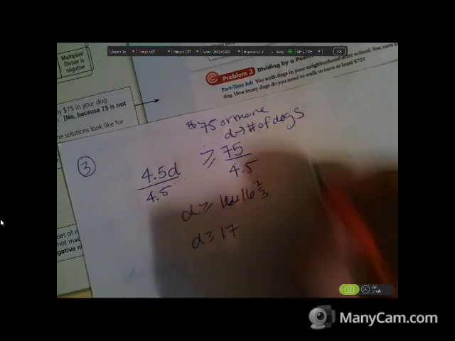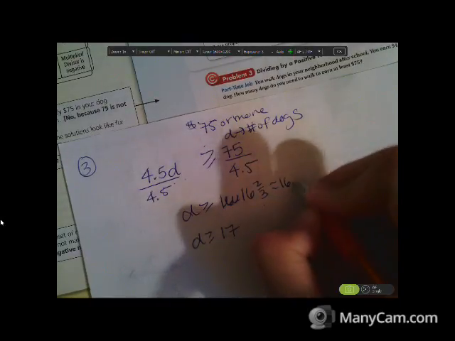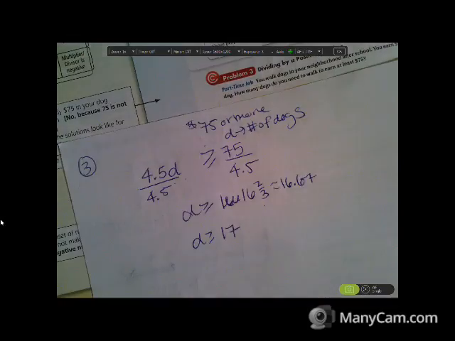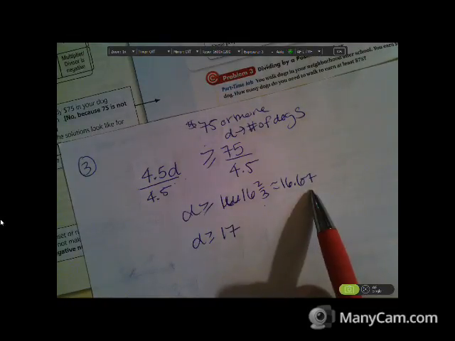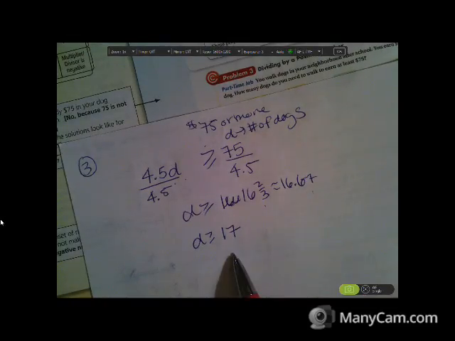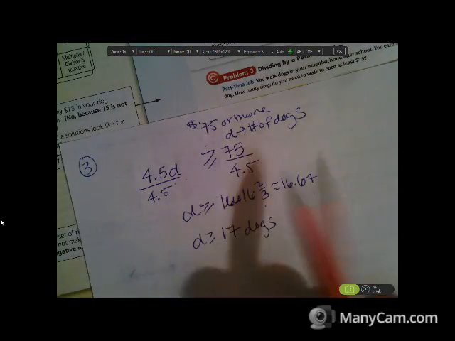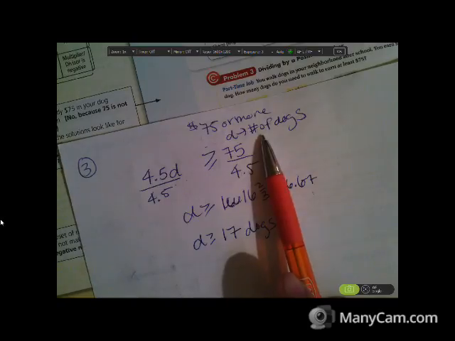16 2/3 is roughly 16.67. So when you round that up, it's going to be 17 dogs. So, you want to earn at least $75, so that means $75 or more.